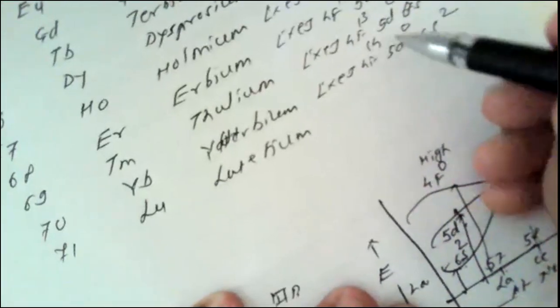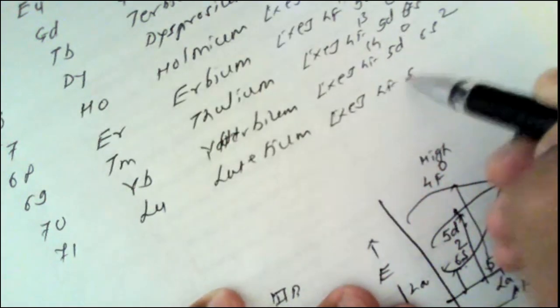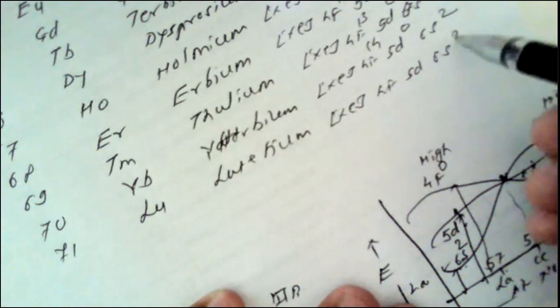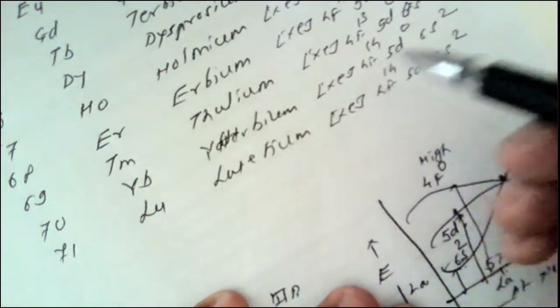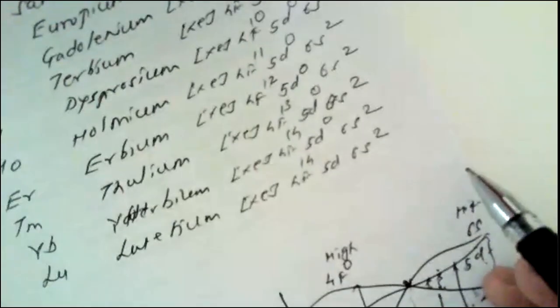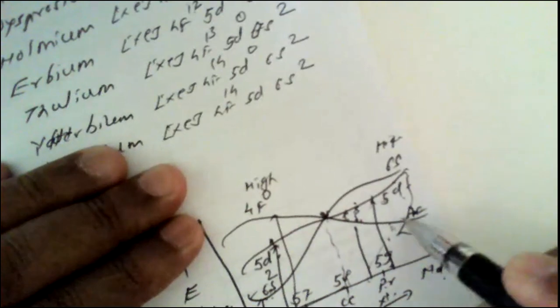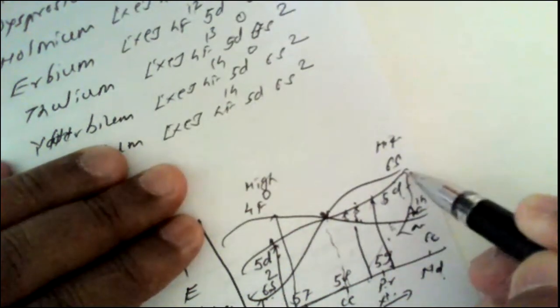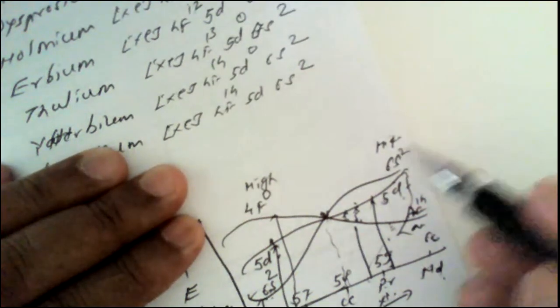And lutetium, xenon 4f 5d 6s2 4f14, which is filled at ytterbium. Now here I would like to show you once again this energy level. So here 4f14, then 6s is already filled at barium.